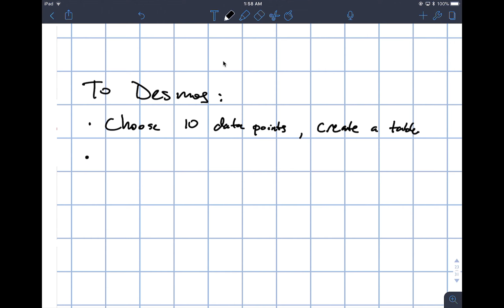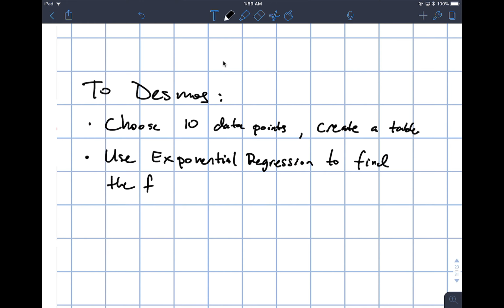Once I have my data points, I'm going to use, remember we did linear regression in Desmos. We're going to use exponential regression to find the function that generates the data.